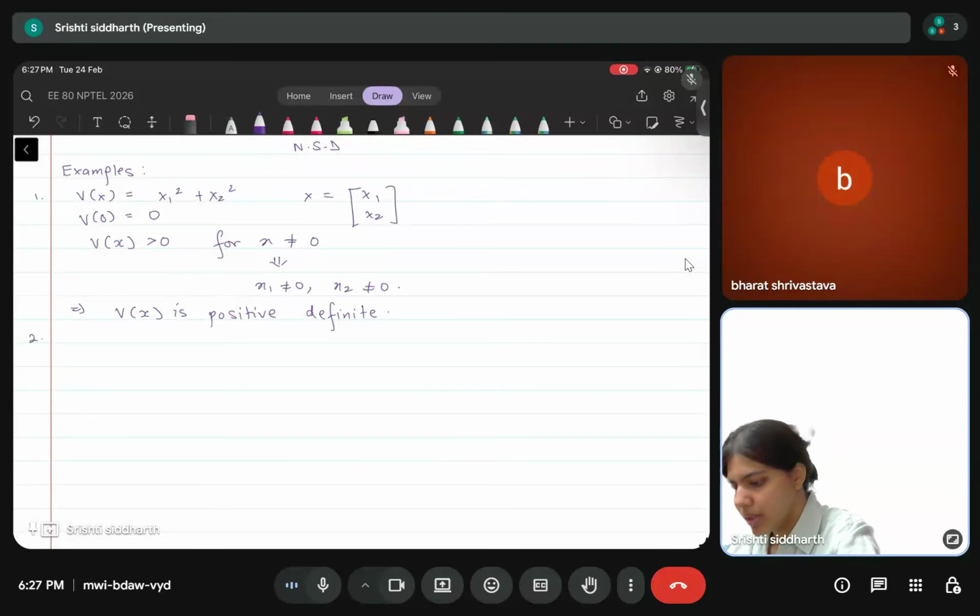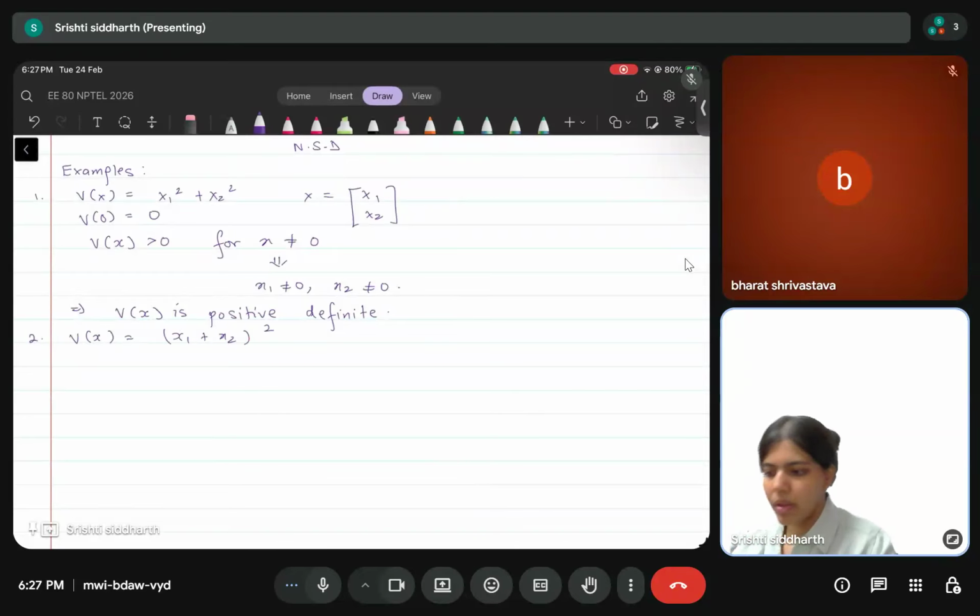Next example. V of x is x1 plus x2, whole squared. At 0, it is 0. At x1 equals minus 1 and x2 equals 1, we also have 0.